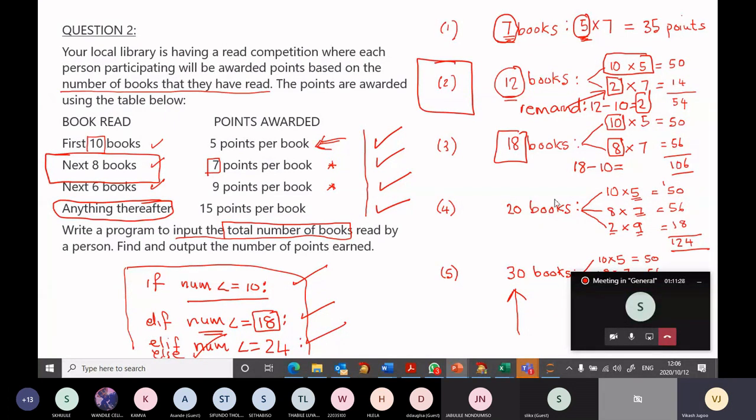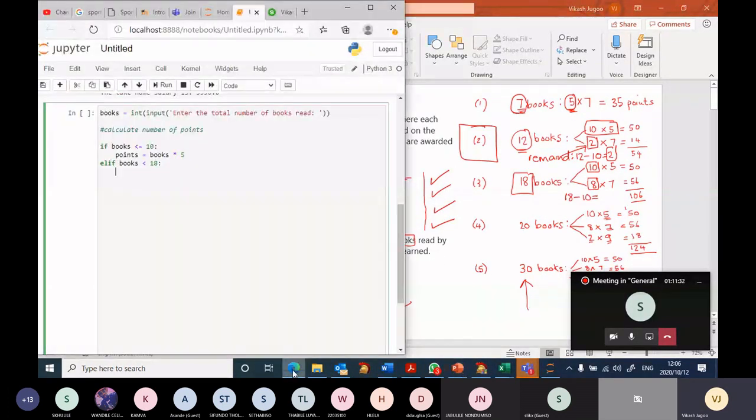Okay, now let's code that. Let's write the code for that. So now I'm going to say my points. There's 2 parts. My points are the first 10. Remember, if I'm in this category, it means I got the first 10. So it's the first 10 times 5. Because the first 10 are calculated at 5 points. Now let's work out the remainder.